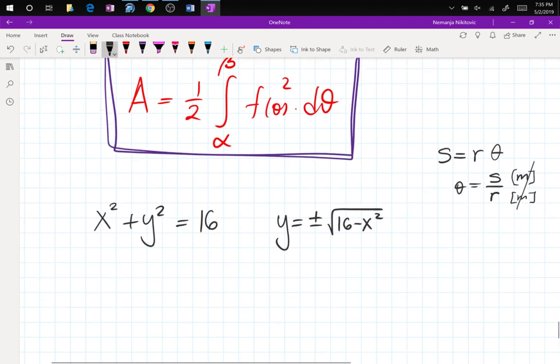Then, to find the area, since this is plus minus, you're going to do only 1/2 and multiply by 2. Area of the circle is 2 times the integral of the square root of 16 minus x squared dx from -4 to +4. And then you have to do trig sub, right?